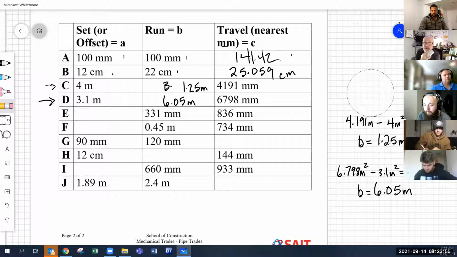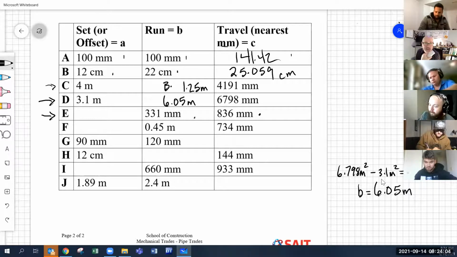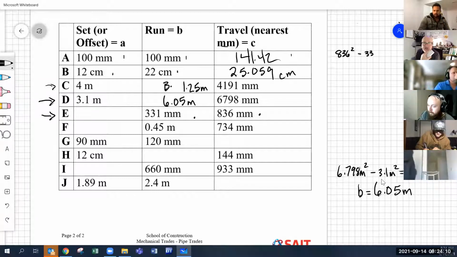The next one here on this list is E right here. And I have C and I have B. So it's going to be 836 squared minus 331 squared is equal to A squared.